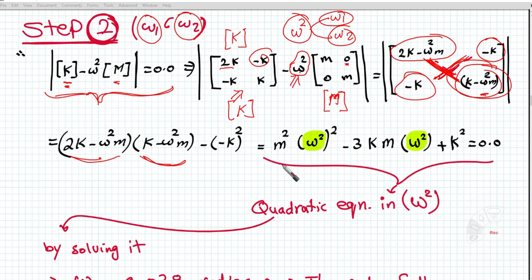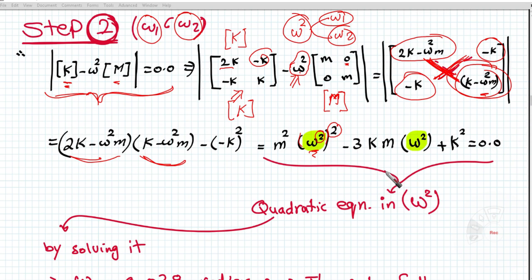If we rearrange it, you're going to find that you have a quadratic equation in omega squared. Take care, it's not in omega, it is in omega squared. So we have m squared times omega squared to the power 2 minus 3km times omega squared plus k to the power 2, equal to 0.